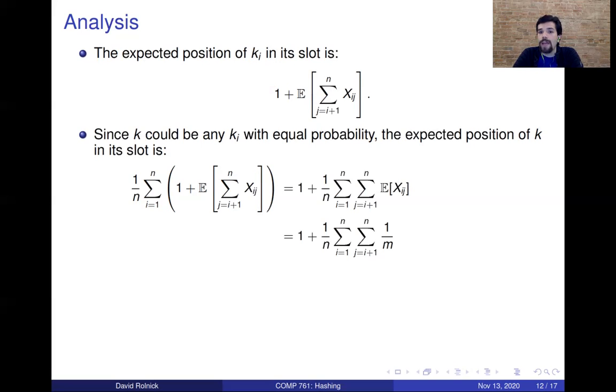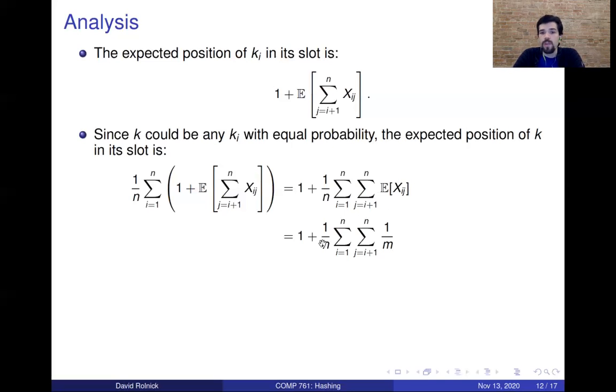There is a 1 over m chance that any 2 things will collide, because there are m possible slots. You've put each of ki and kj into a random slot. So what's the chance that kj's slot is the same as ki's slot? It's just 1 in m.